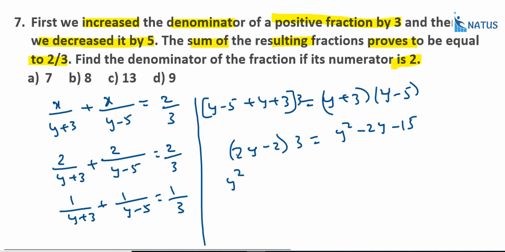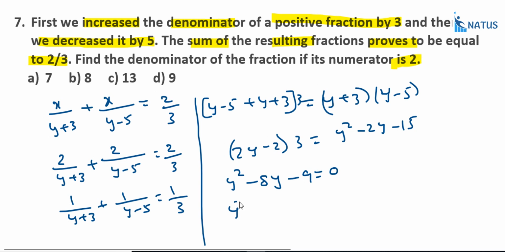So this is equal to how much? This is 3y, 3 into 2y, 6y minus 2y minus 8y, and next this is equal to minus 6 plus minus 9, is equal to 0.